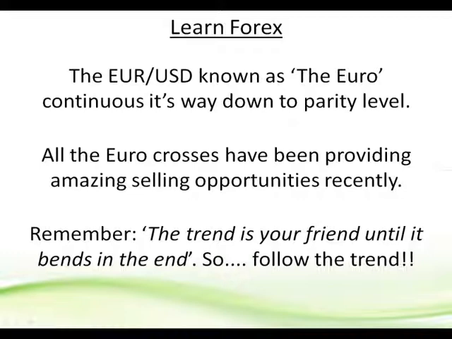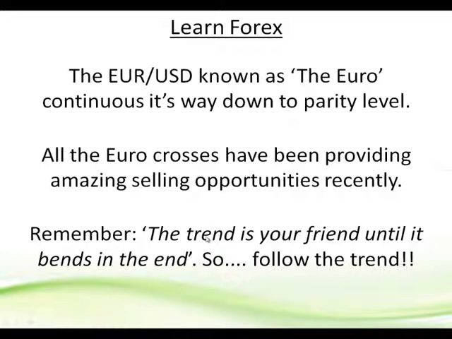I'll show you in a minute. Now, all the euro crosses have been providing amazing selling opportunities recently. So anything to do with the euro is all short. So euro pound short, obviously euro dollar short, and pretty much most of the other crosses, if not all, have been providing amazing selling opportunities.